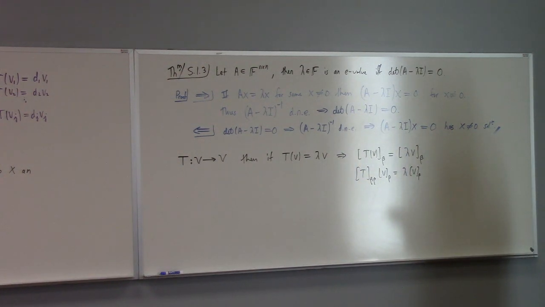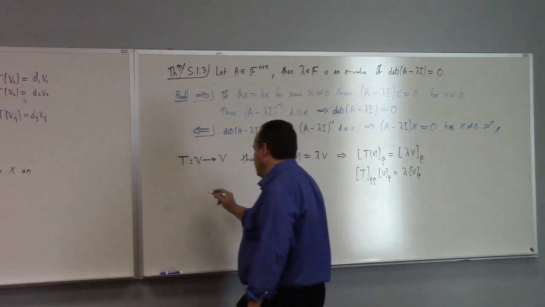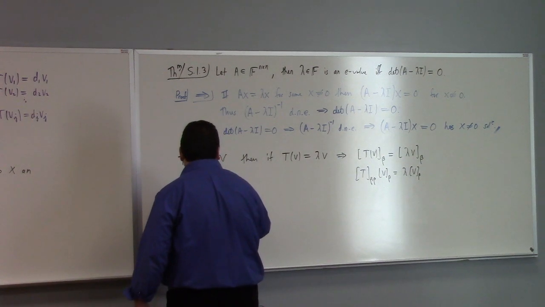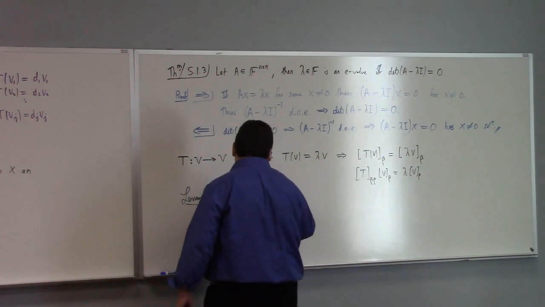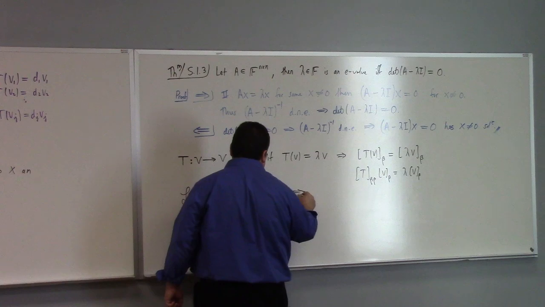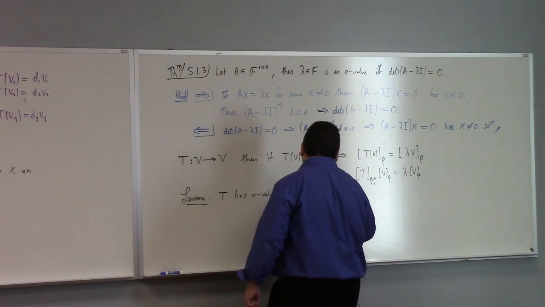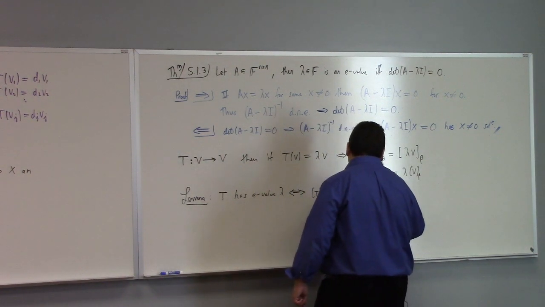So what am I saying? I'm saying that there's a kind of an obvious lemma here. And I'm not sure that this lemma is ever stated formally in my notes, but it probably should be, which is that T has eigenvalue lambda if and only if T beta beta has eigenvalue lambda.